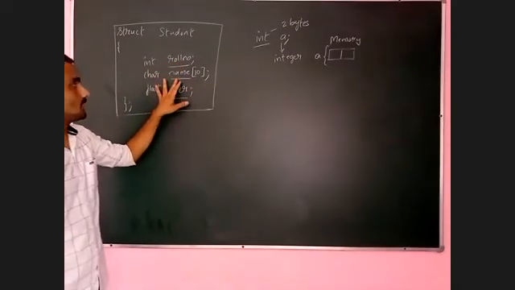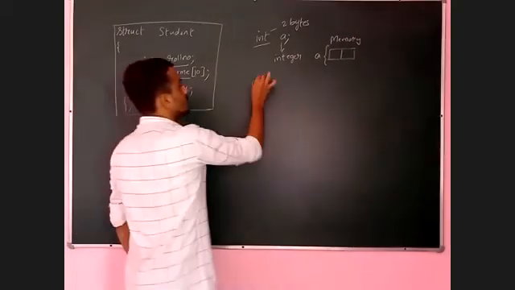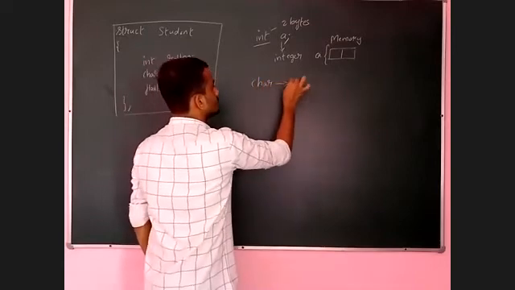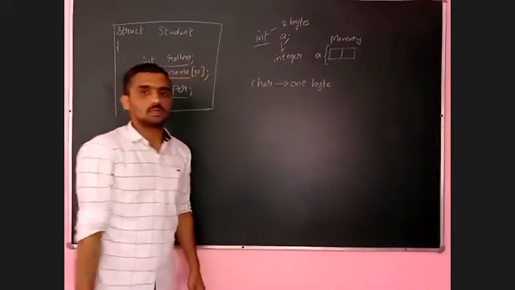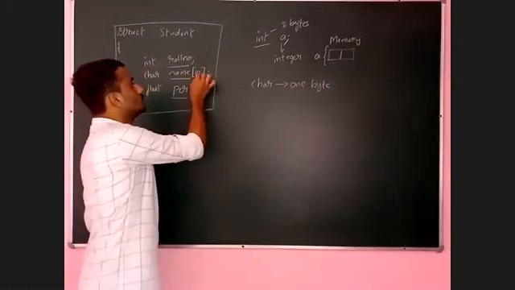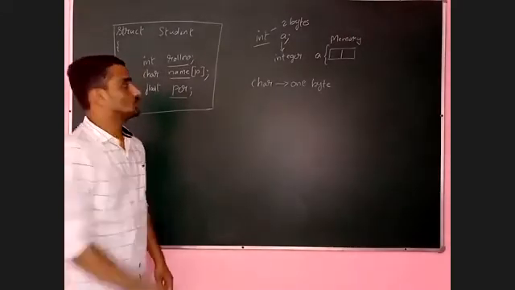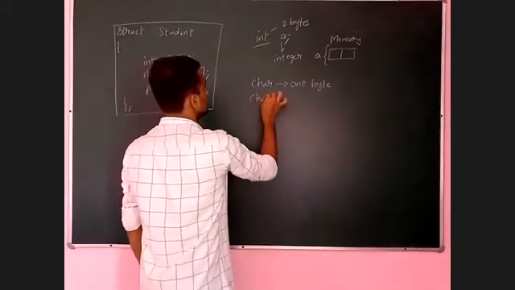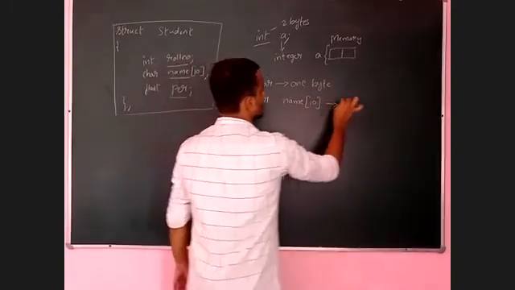Name should occupy 10 bytes because char data type occupies 1 byte, and here we have size 10. So 10 into 1 is 10 bytes. So for this declaration, char name of 10, it should occupy 10 bytes.